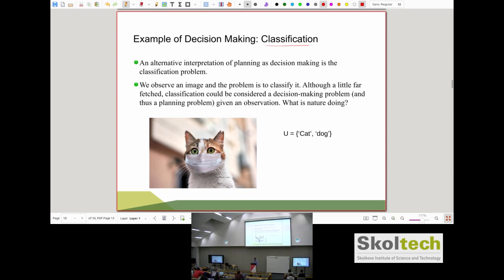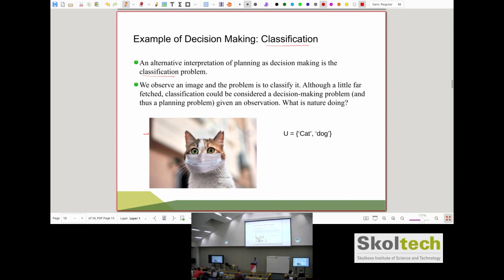So you have some state variables, like this image, and then the problem is you need to decide, you need to put a label on this image. What is this? Is this a cat or is this a dog? Maybe it's not so easy to decide. Maybe your algorithm gets fooled by noise, or maybe there are other things. But still, this is a decision-making process where you get a reward if you do this correctly, or a negative cost if you do this incorrectly.